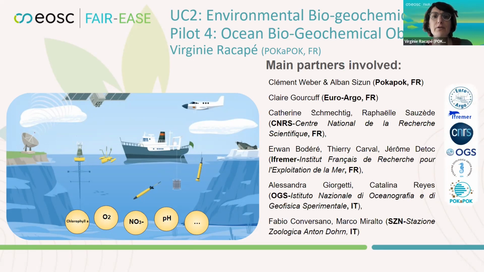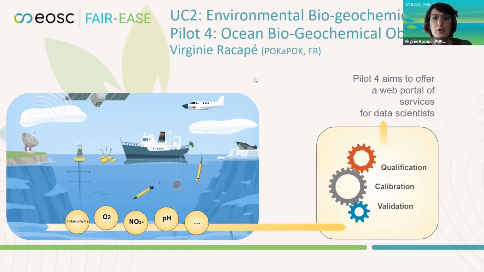So this pilot, focused on the biogeochemical observations, brings together several partners from Euro-Argo, Ifremer, OGS, and Station Zoologique Anton Dohrn. Next, please. The biogeochemical observations such as chlorophyll A, oxygen, nitrate, or pH are useful to address fundamental scientific questions regarding the health of the marine ecosystems and our climate.